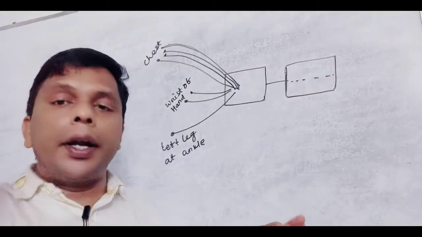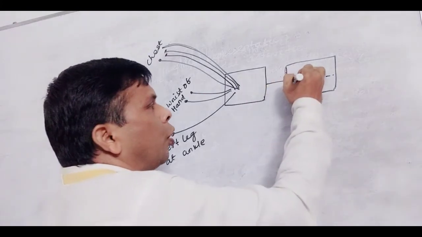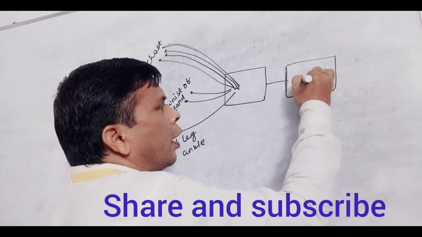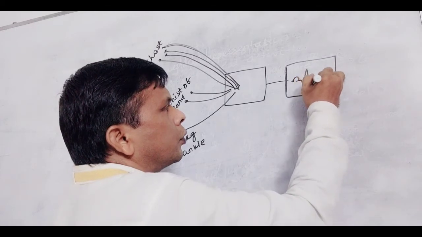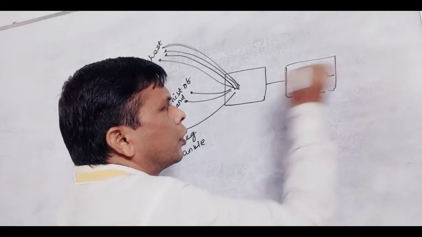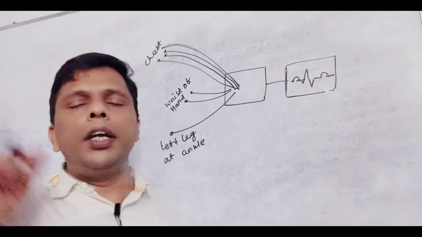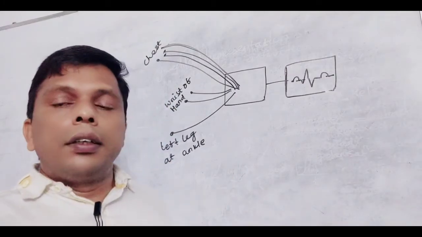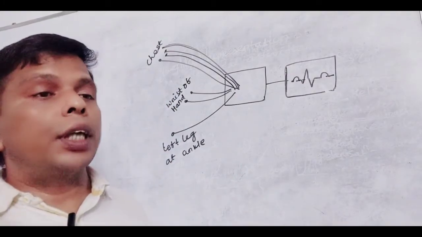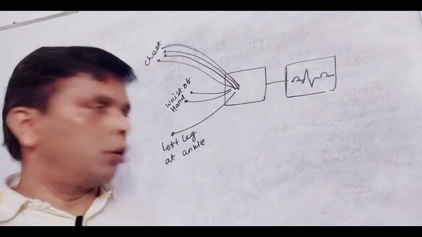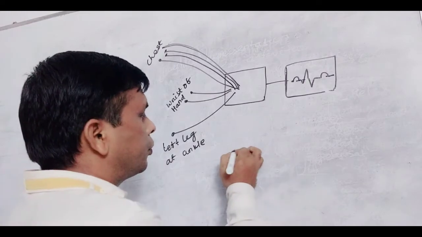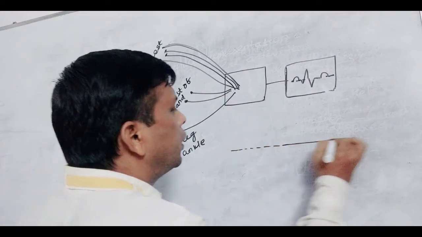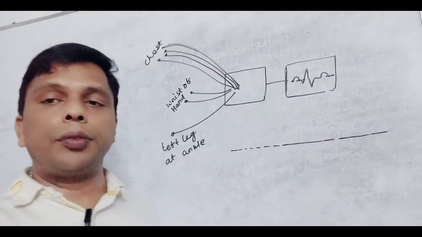Suppose this is a small wave, then such types of waves can be generated. Now we will discuss the waves. Suppose this is the baseline.